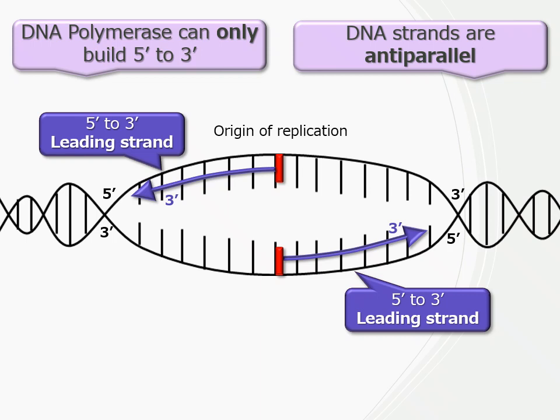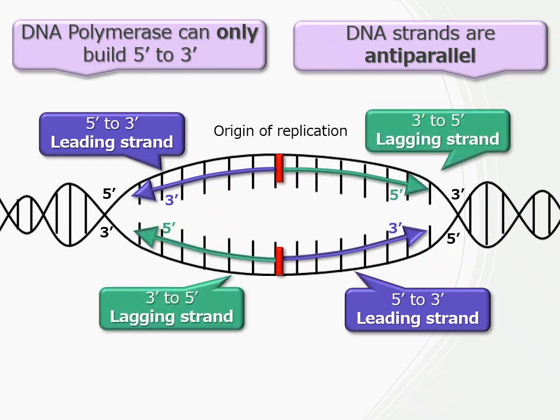These are referred to as the leading strands, and replication of these sections is relatively straightforward since everything is going in the same direction. The other sections, however, present more of a problem, since the 5' end of the new strand is at the same end as the replication fork. These require a more complex stepwise synthesis process, which we'll look at in more detail in another video.